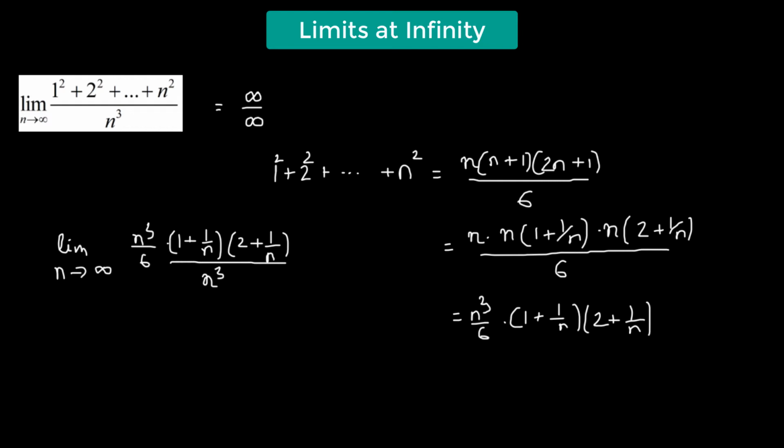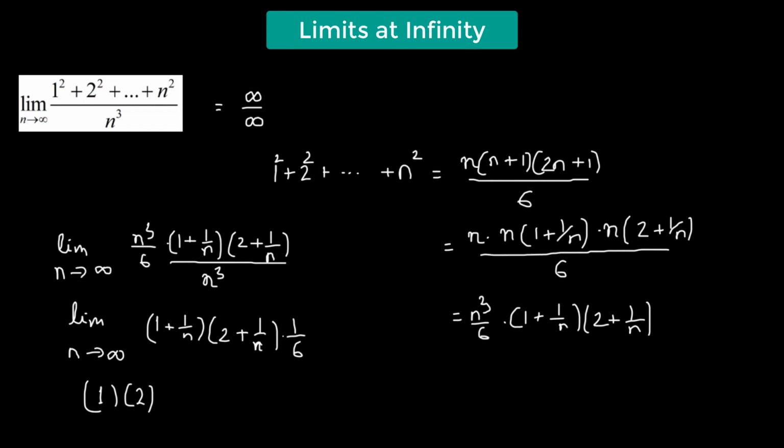Clearly this n cubed gets cancelled out from both the numerator and the denominator, leaving us with (1 plus 1 over n) times (2 plus 1 over n) times 1 over 6. Now we substitute for the value of n. 1 over n will be 0, so we are left with 1 times 2 times 1 over 6, and this gives us the final limiting value of 1/3.